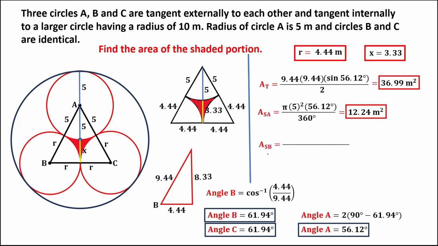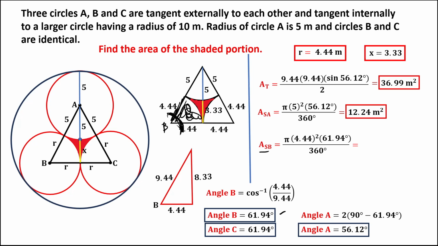Then to find the area of sector B, again the formula: pi times the radius for B, that's 4.44 squared, times the angle for B, that's 61.94 degrees, then divide by 360.